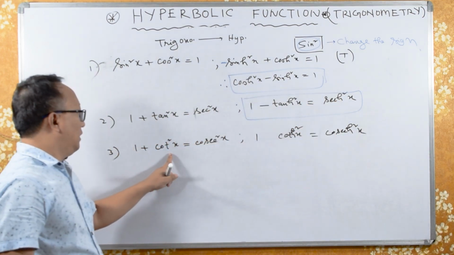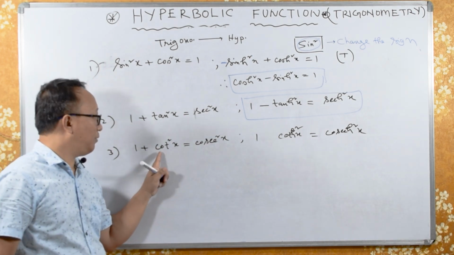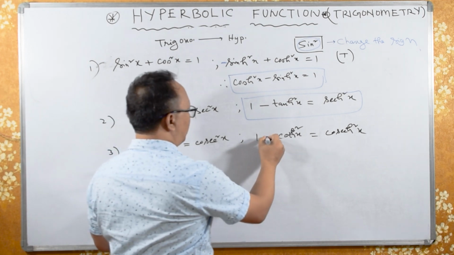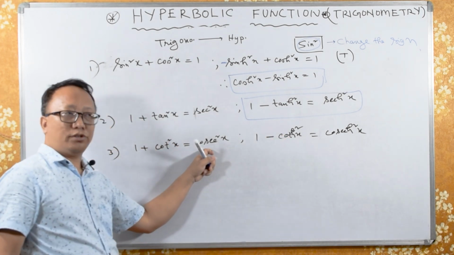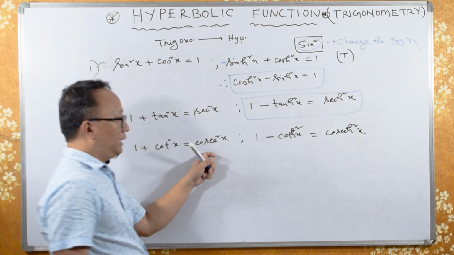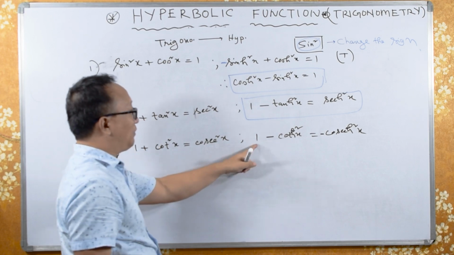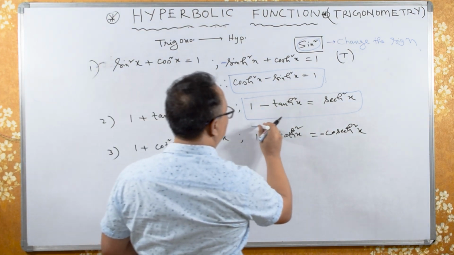Here cot is cos by sine. Sine is involved, therefore if it is plus, then minus will come. Here also cosec we can say 1 by sine, and sine square is involved, therefore this is coming.